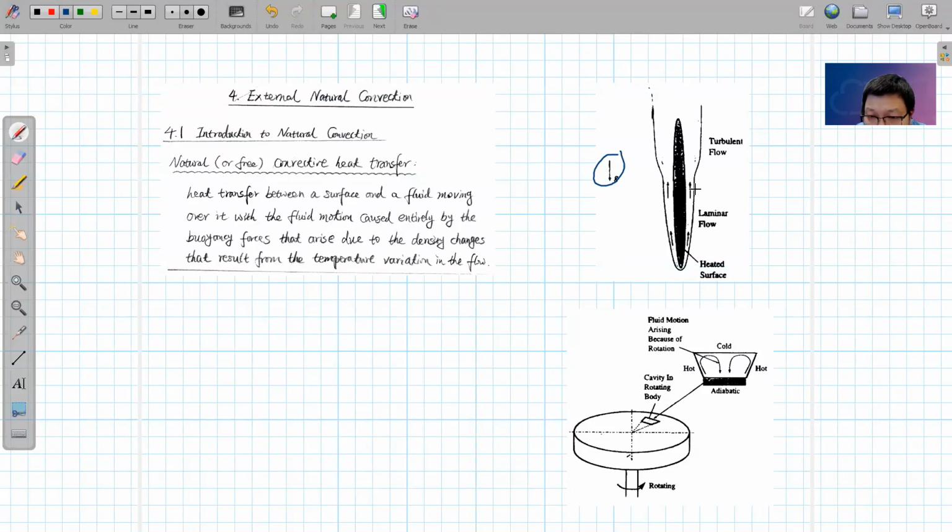So we can also think of this small region as a natural convection boundary layer. Inside this boundary layer, we have the fluid moving from bottom to top due to these buoyancy effects. At some point, this velocity can become big enough that the flow inside this boundary layer becomes turbulent. So this is one example of natural convection.